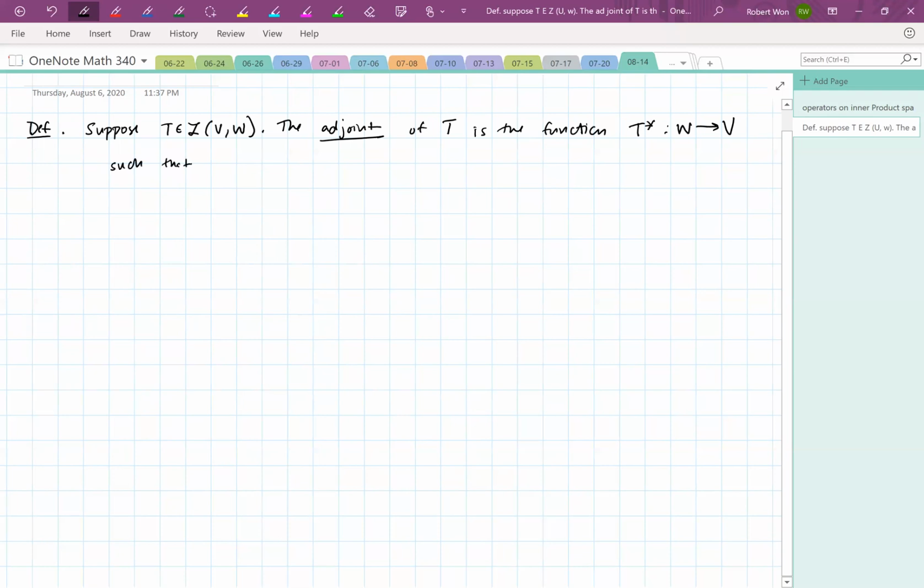It's defined via the following property. If you take the inner product of Tv and w, so this is the inner product in W, this is going to be equal to the inner product of v and T star of w. This is going to be true for every v in V and w in W.